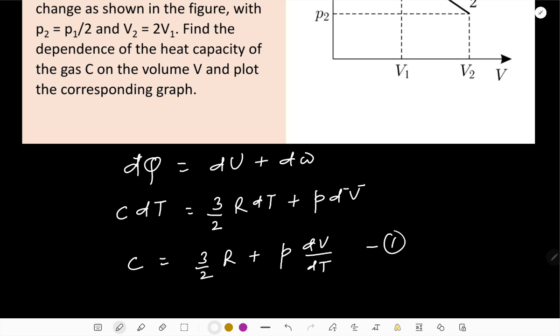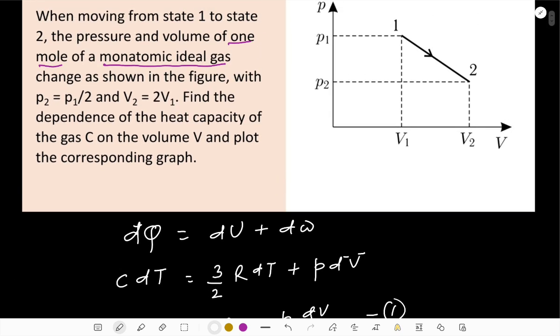And we are going to find out the derivative dV by dT using the gas law. Of course, we will be using the gas law. Gas law is always available to us. And the dependence of pressure on volume in this figure.